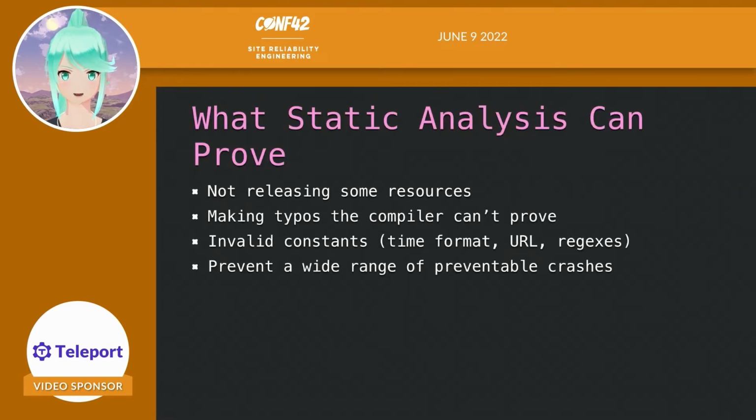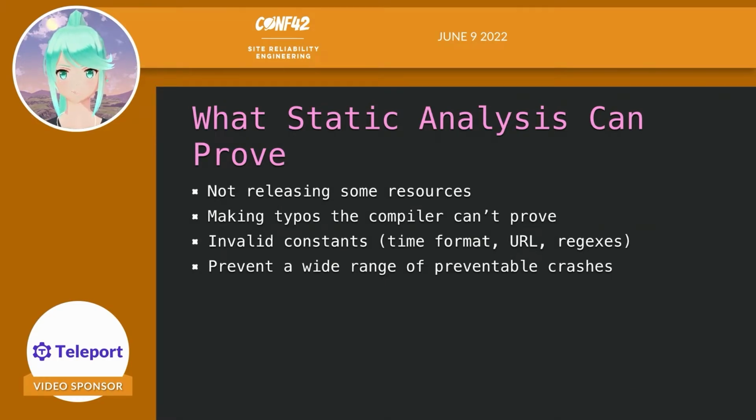But we don't have to be perfect. We have to be good. Perfect is the enemy of the good, and static analysis is more about moving you towards perfect while being good. So here are some patterns for things that can be solved with static analysis in Go.